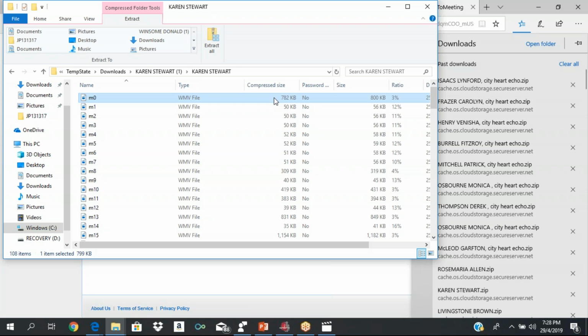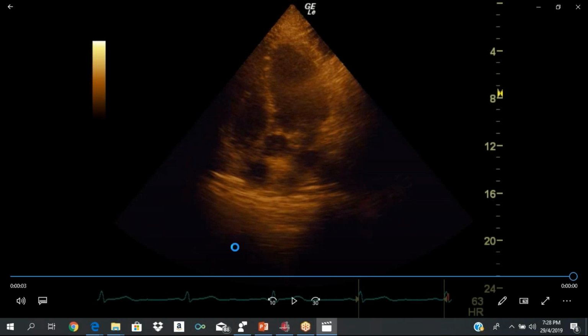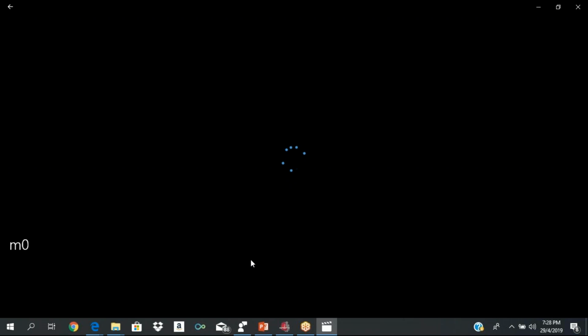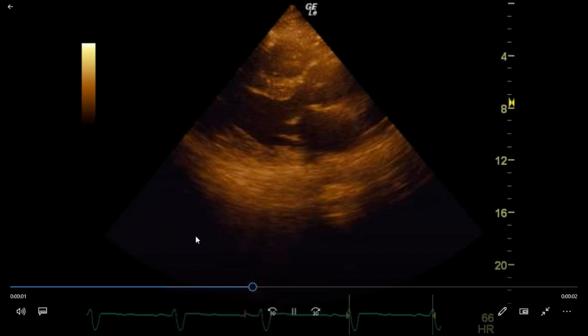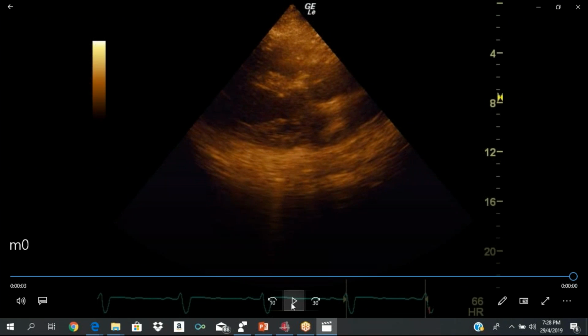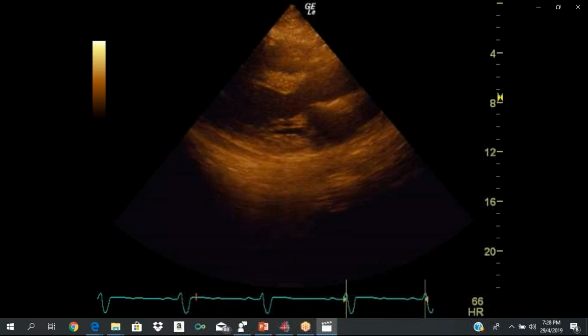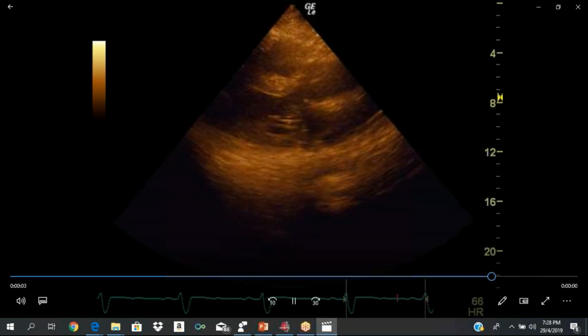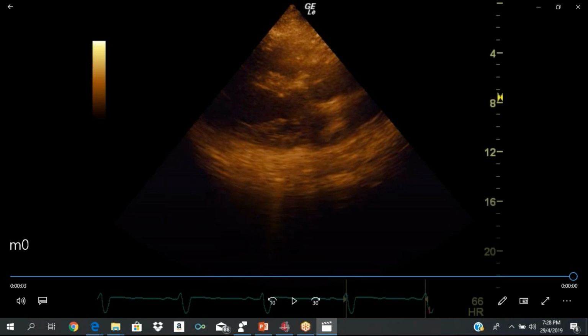You have to do your measurements. So you do your parasternal lung and you do your measurements and stuff like that. You look at the wall, but you're gonna form an impression.